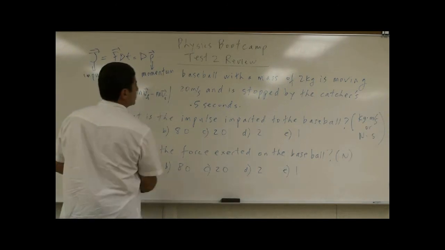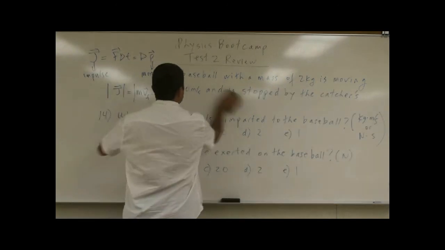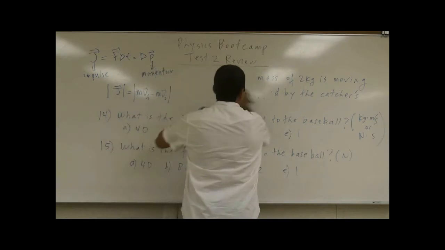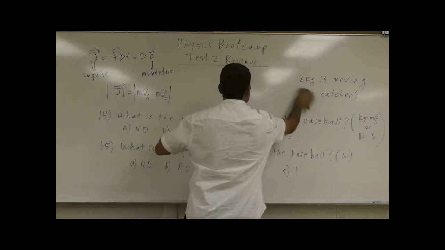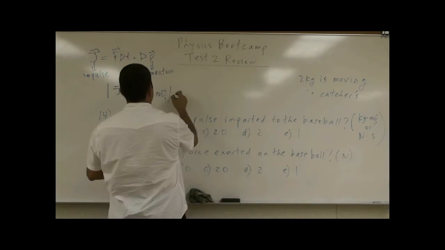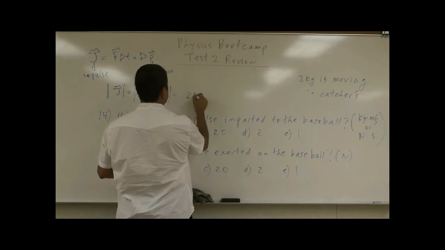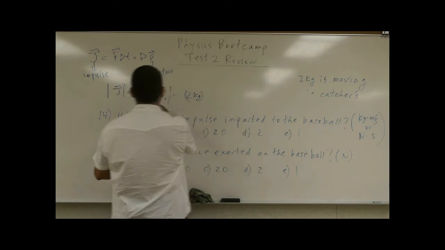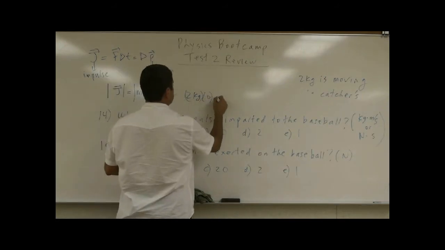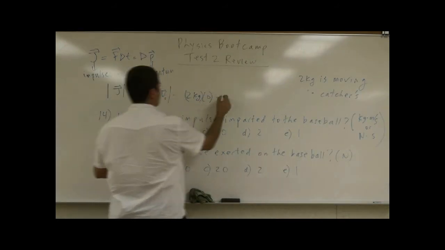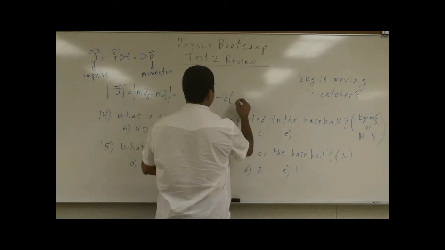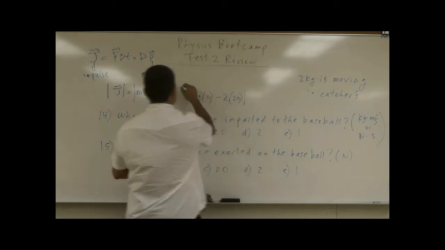Okay? So what was the mass of the baseball? It is 2 kilogram. The final velocity is 0 minus the mass of the baseball, 2 kilogram, times the initial velocity, which was 20. Take the absolute value of that.